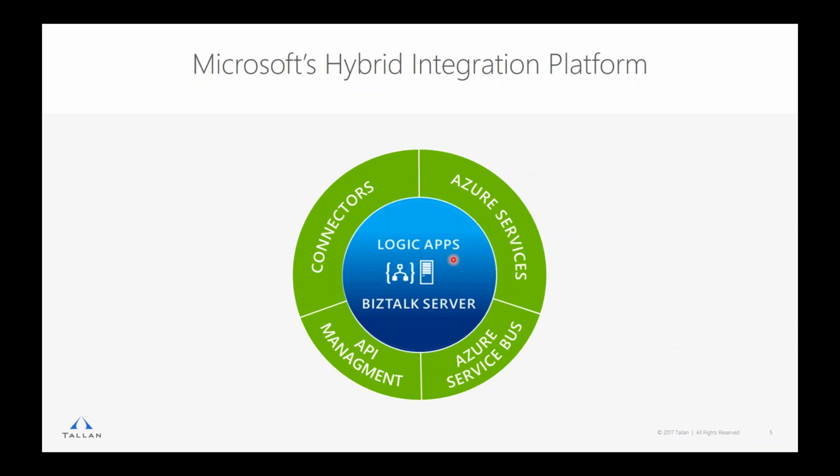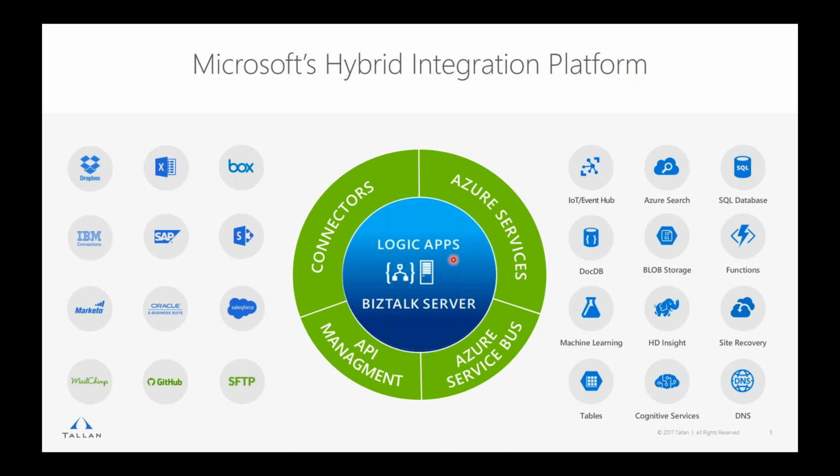Service Bus is a part of that, API management is a part of that, and then obviously the connectors give us the reach to be able to connect clients, applications, and line of business systems within our firewall as well as outside of it in a SaaS type implementation. So here we can connect now.